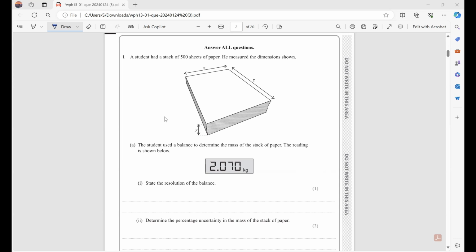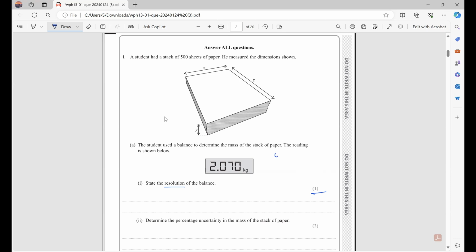Whenever you're going to solve a question, you always have to look at the marks. That is very important to understand how you need to answer this question. So it's just a 1 mark question, and they just asked for the resolution of the balance. The resolution of any measuring device is the minimum amount of anything that it can measure. So over here it's measuring in kgs and there are 3 decimal places.